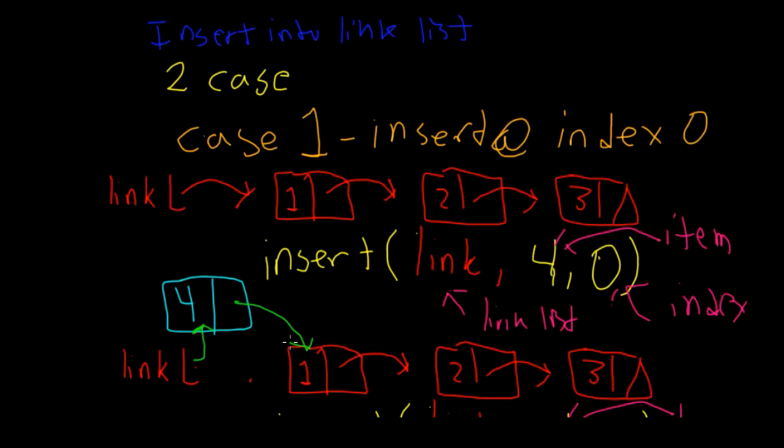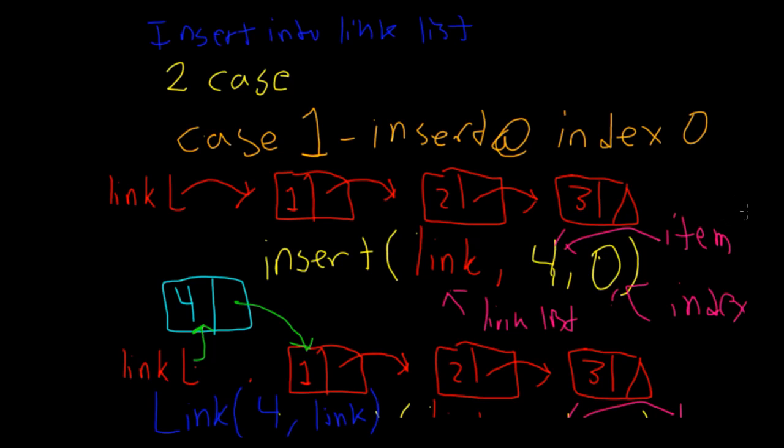Inserting into a linked list at the end of the day is just link on my element, which I'm just going to call 4 right now. So in this example, it's just a matter of calling link on 4 and then passing in the rest. Remember, the rest of that is going to be our original link. And that's our first case of inserting at the index of 0.